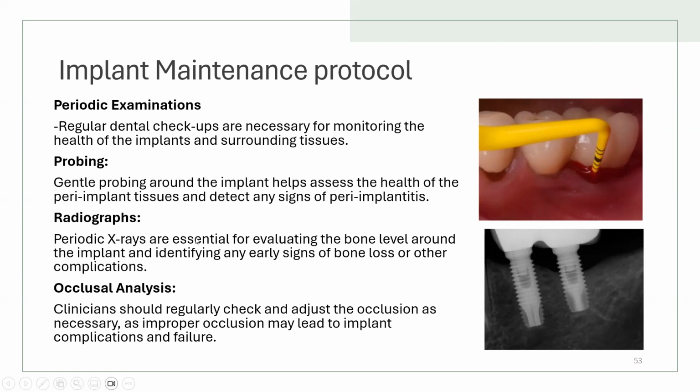We should also do radiographs to check for bone loss, and this can be done each year, for example, to check the bone level around implants. And finally, we should do occlusal analysis, because as you know, the implant should have light contact at maximum intercuspation, and the occlusion must be checked regularly because it's changing.